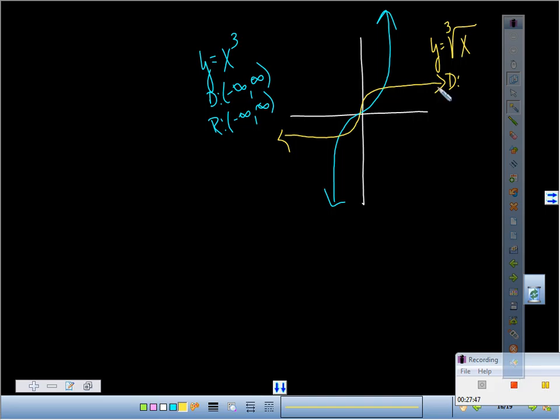Because it's an odd root, you can take a cube root of a negative or a positive. Like Tommy said, what's the cube root of negative 8? Negative 2. It keeps the sign of the radicand. So, like Paige said, only odd index numbers will not have any restrictions.